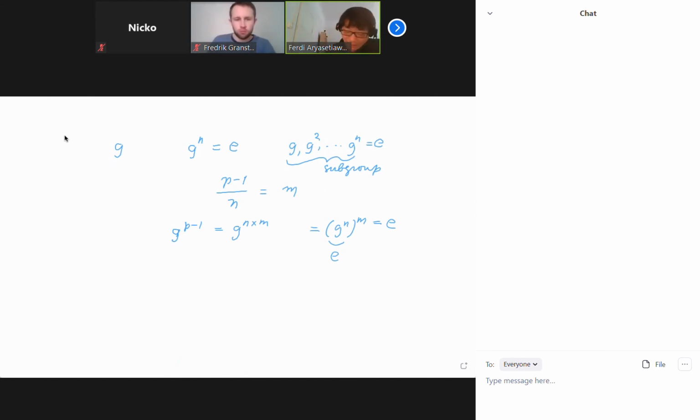And then we have the Fermat theorem: since this is equal to e, that would imply that g to the p is equal to g, which corresponds to n to the p is equal to n modulo p.